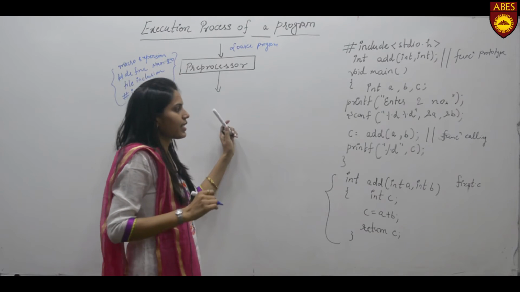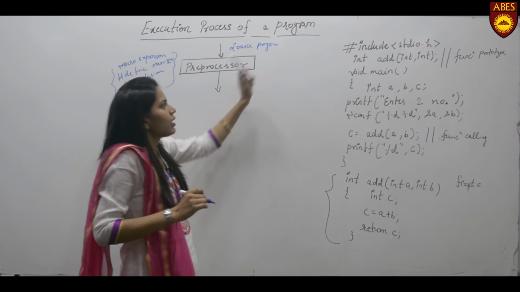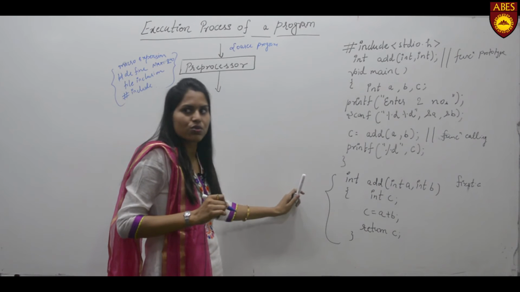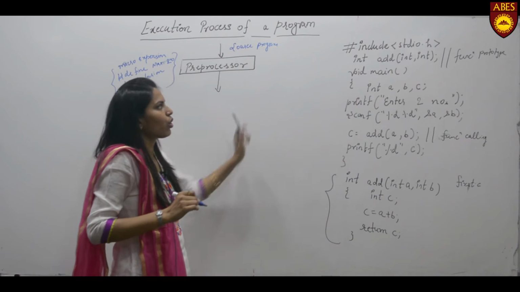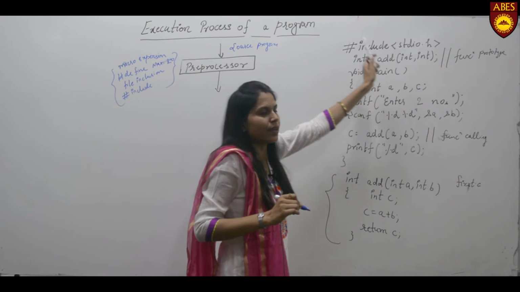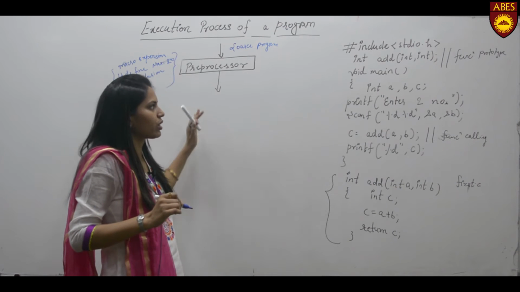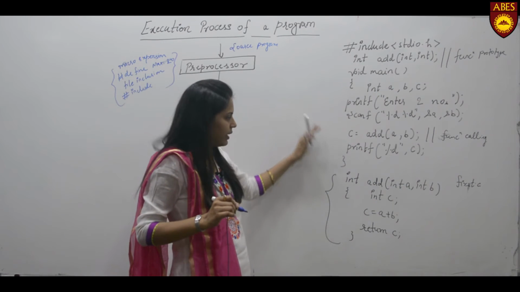Means before the compilation, the preprocessor will substitute all the macro values and also include all the header files from the standard input output library, means all the library files, before going to the next compilation phase.